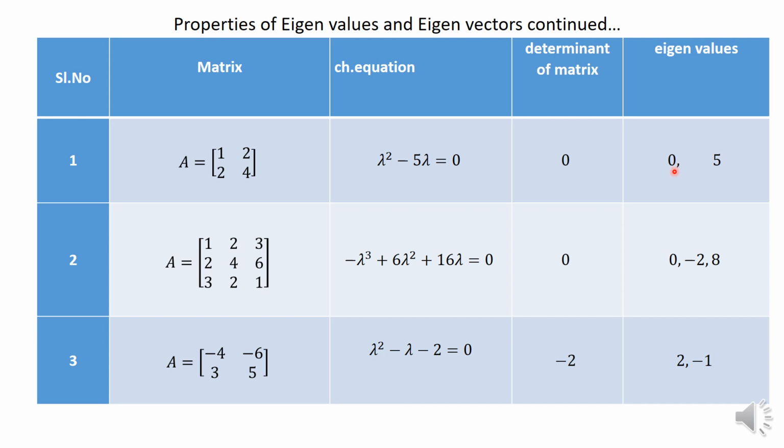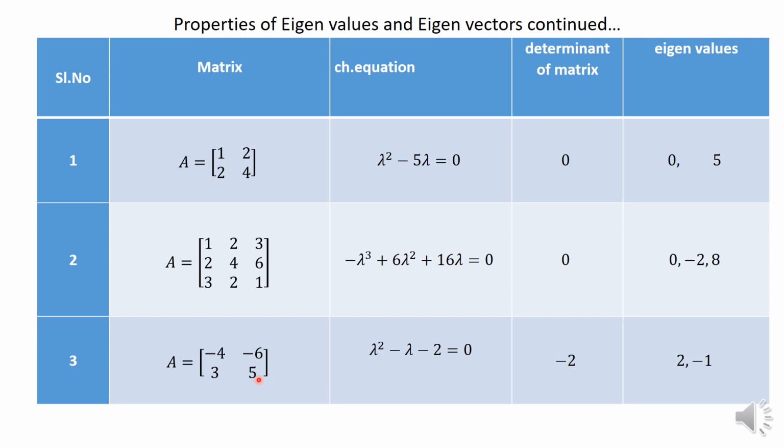We get 0 as the eigenvalue only when the determinant of that matrix is 0. Here 0 is the eigenvalue, determinant is 0. Here 0 is not the eigenvalue because the determinant of that matrix is not 0.